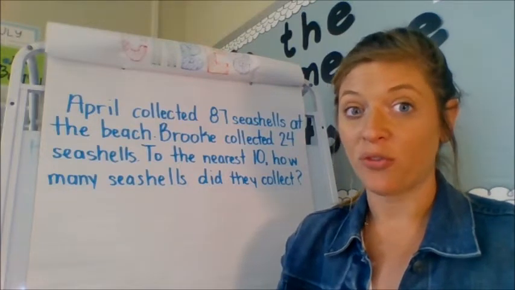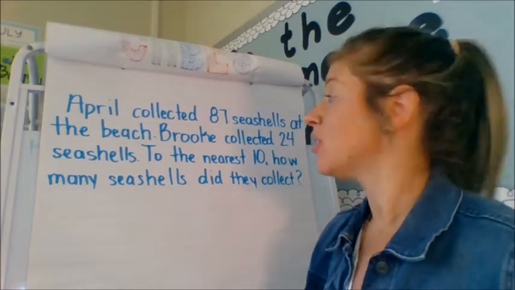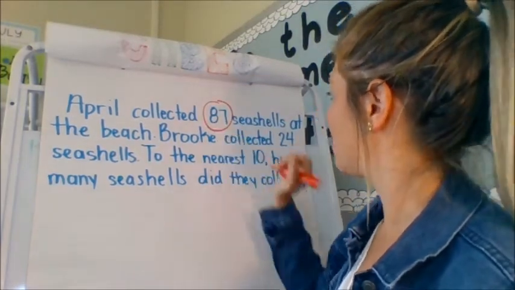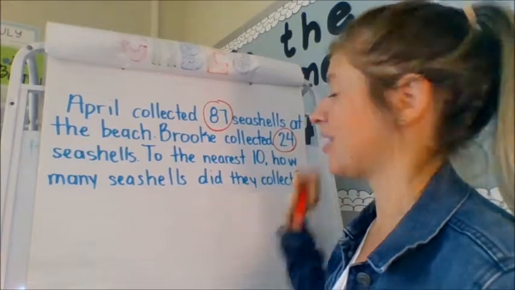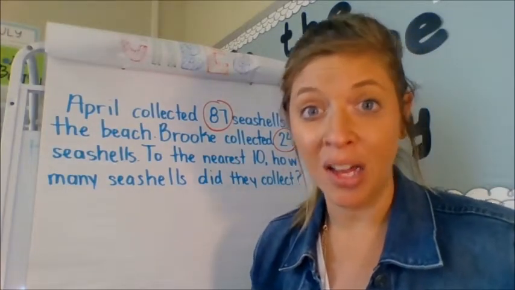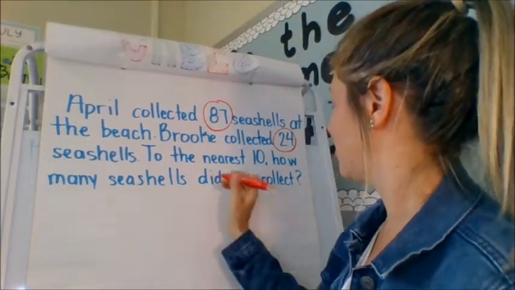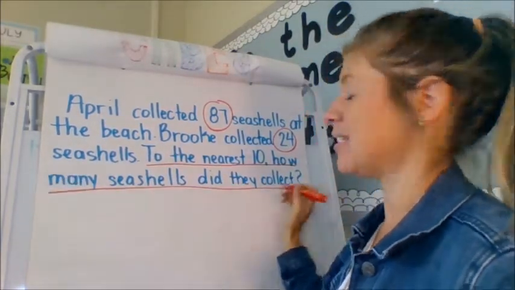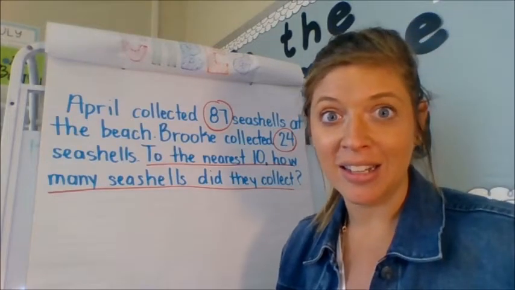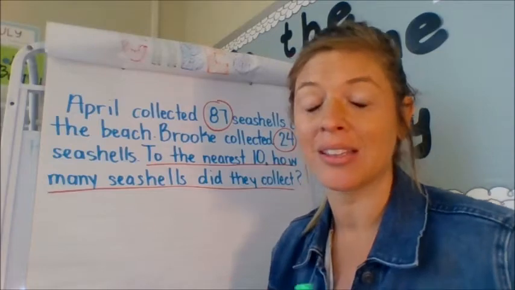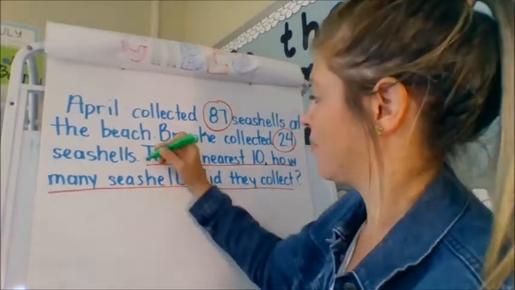Okay, so first we are going to circle the numbers. There's one number. There's another number. All right, now we're going to underline the question. To the nearest 10, how many seashells did they collect? Remember how we talked about boxing in the math key words?